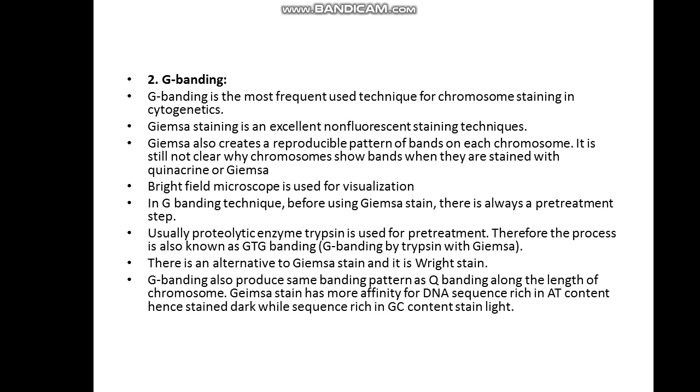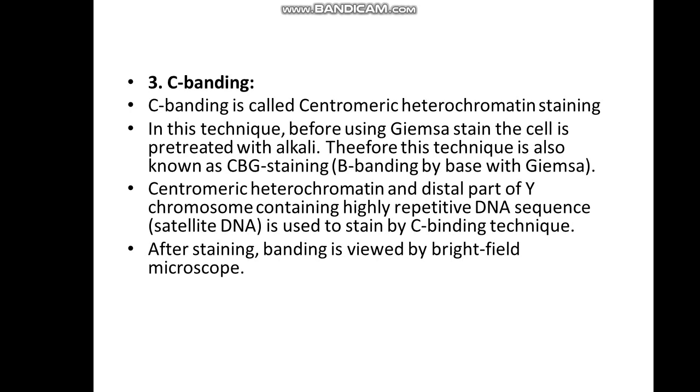There is an alternative to Giemsa stain, and it is Wright stain. G banding also produces banding patterns similar to those of Q banding along the length of the chromosome. Giemsa stain has more affinity for DNA sequences rich in AT content, hence stained dark, while sequences rich in GC content stain light.